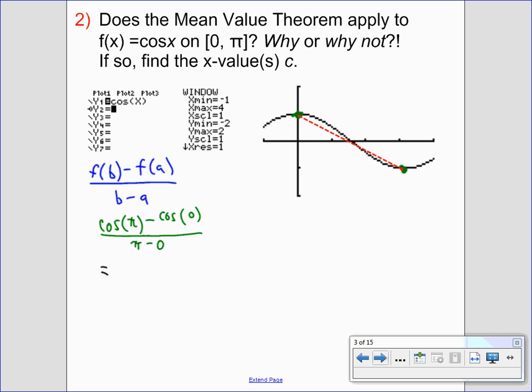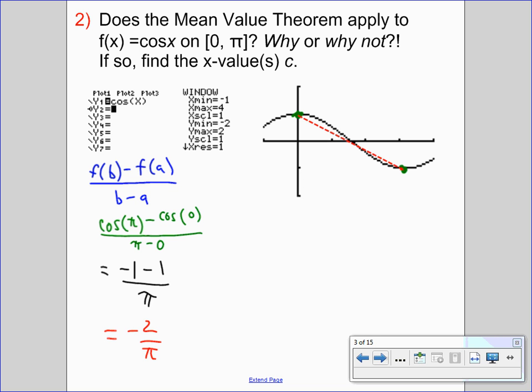So it looks like cosine of pi is negative 1 minus cosine of 0 is 1, all over pi. So I'm looking to see where the slope of the tangent line is equal to negative 2 over pi.